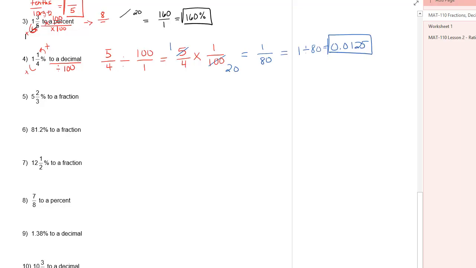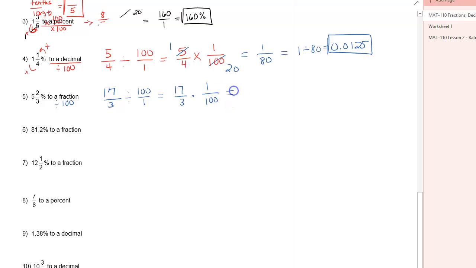All right, number 5 is changing 5 2/3% to a fraction. So again, since I'm going from a percent, I'm going to divide by 100. So the percent signs cancel. So 5 2/3 would give me 17/3 divided by 100/1, which is 17/3 times 1/100.